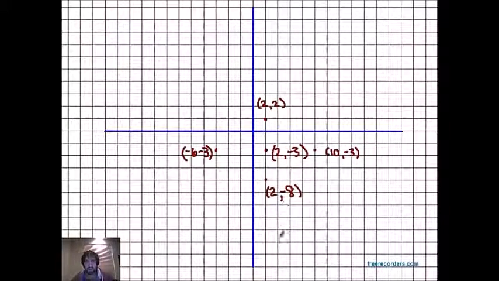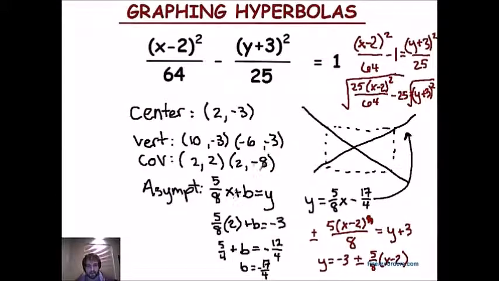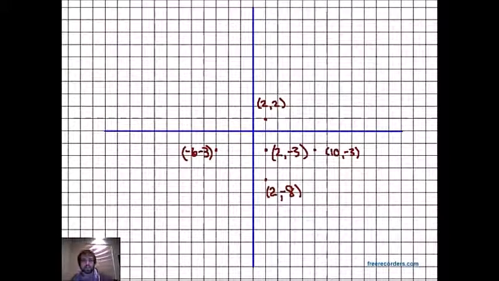Okay, so now we've plotted all of those key pieces that we had solved for earlier, and like I said, if we were to connect the dots on this box essentially, we end up seeing this dotted box, which if we were to connect the corners, we actually get the asymptotes.